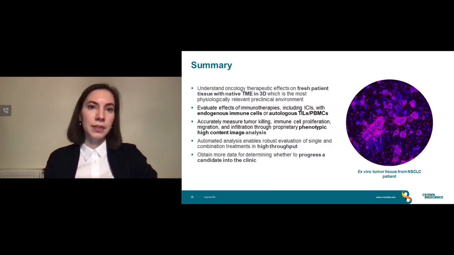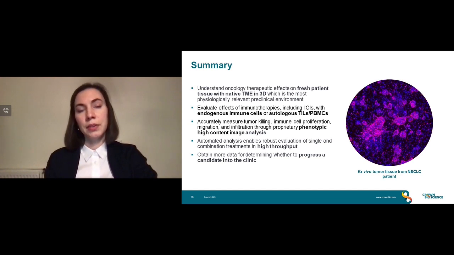So I hope I convinced you today that this platform offers the most physiologically relevant preclinical environment available by working with the fresh tissue with native tumor microenvironment in 3D. We can evaluate different therapies in this platform, standard of care, targeted therapies, immunotherapies, including immune checkpoint inhibitors.